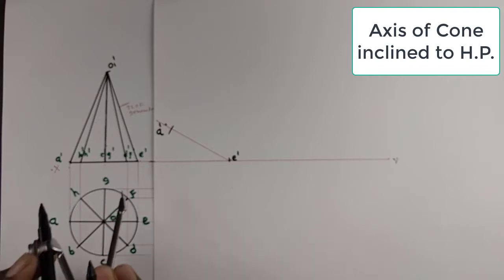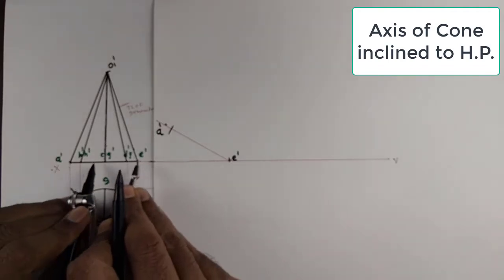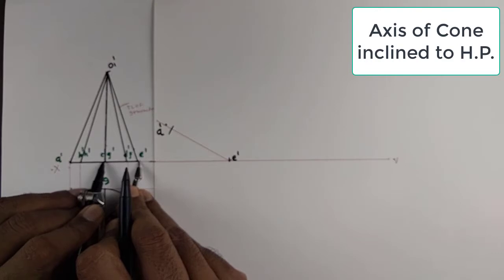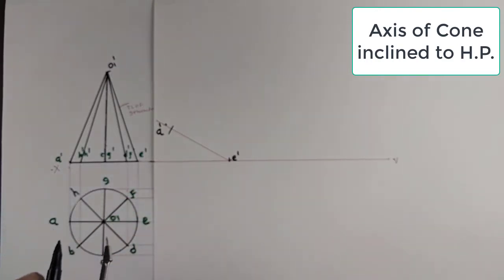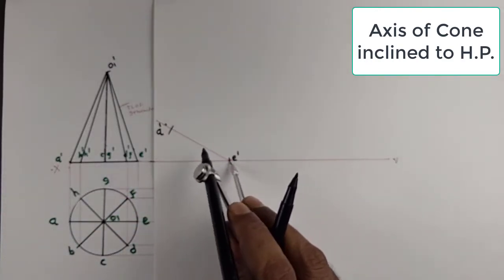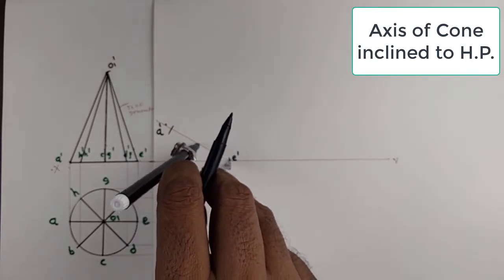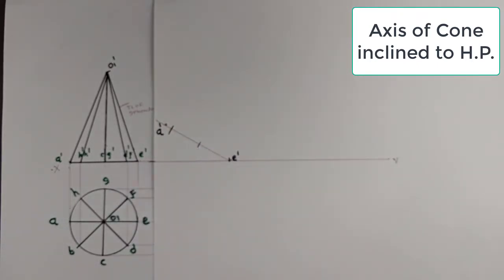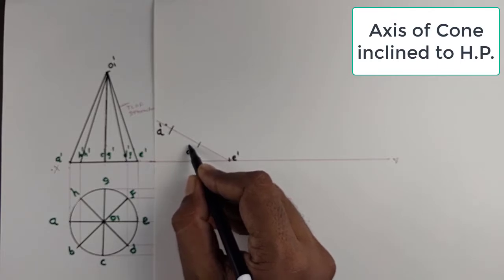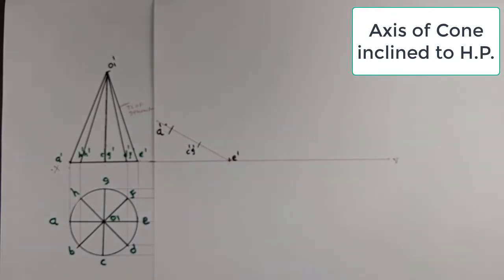Now you can mark the other points. I measure E dash to C dash, with E dash as center. This is my C dash G dash.